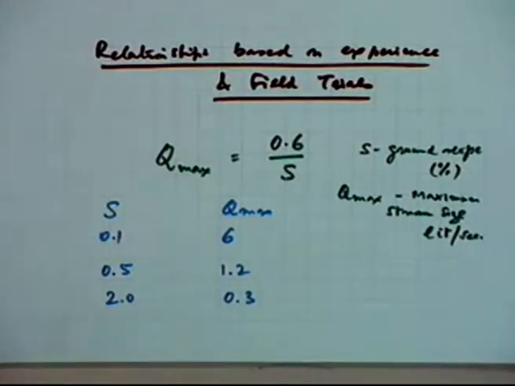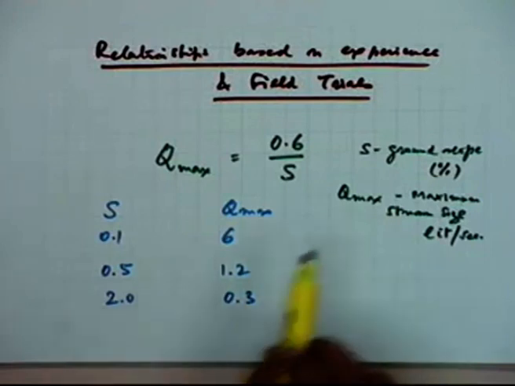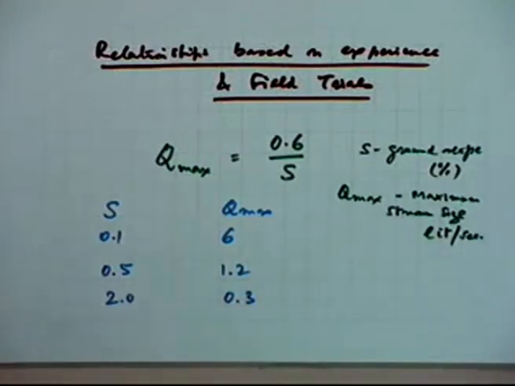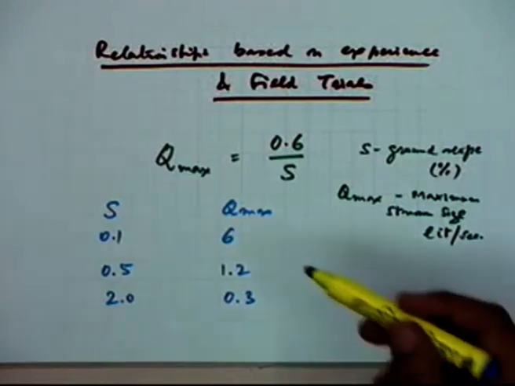Now comes the other conditions. For example, in the case of furrows, you don't go up to the slope of 2%. The 2% slope can be a very erosive slope under some conditions. So these relationships are not to be used in isolation.